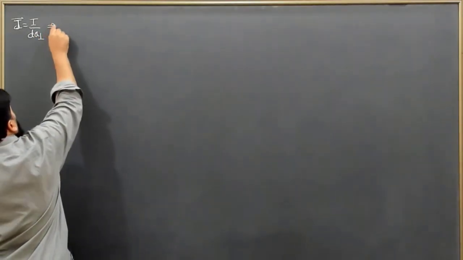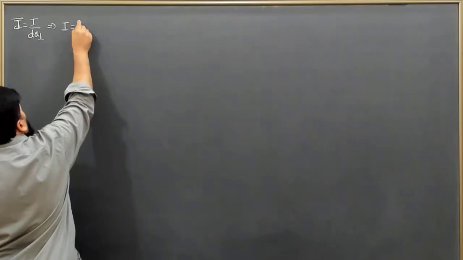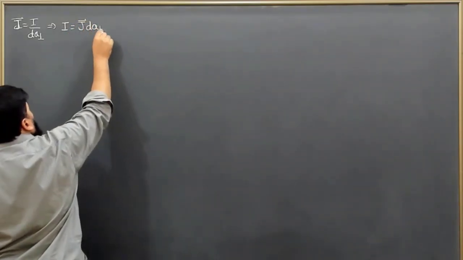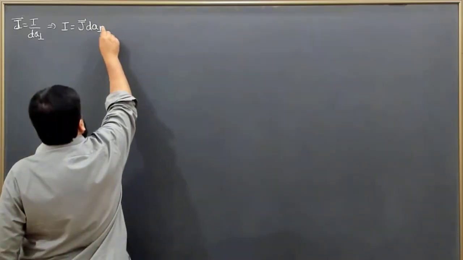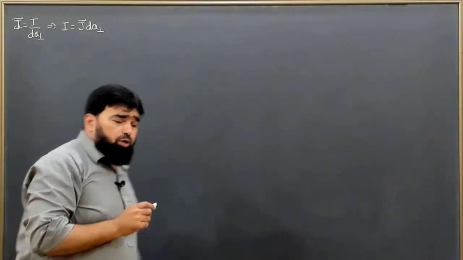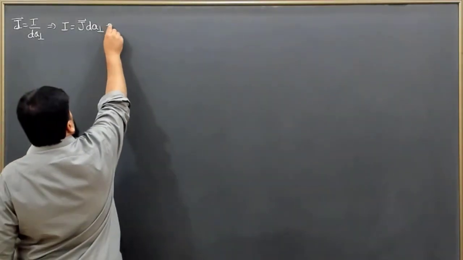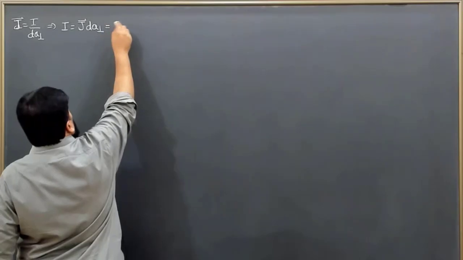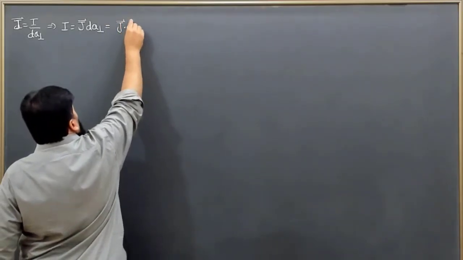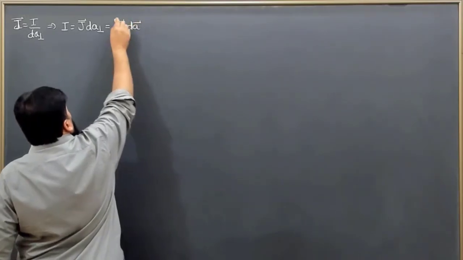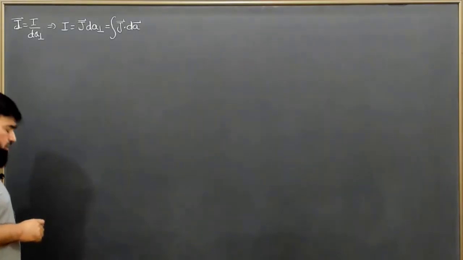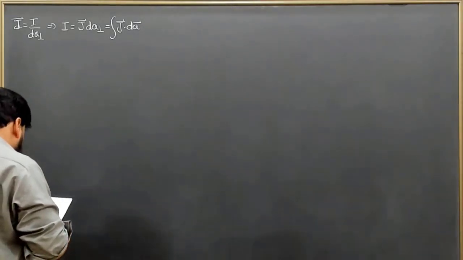I can write I is equal to J dA perpendicular. In order to get the component which is perpendicular, it is better to write this as a dot product, J dot dA, and to find I as a whole we will integrate it over the surface.